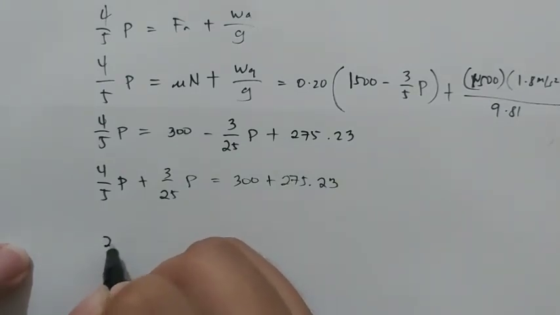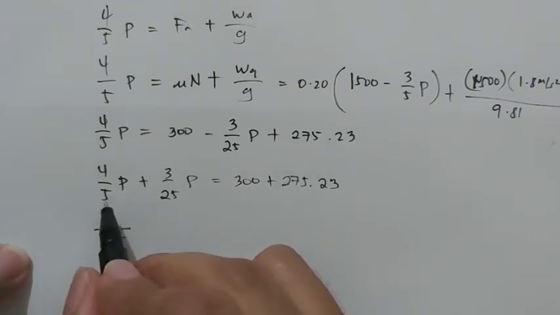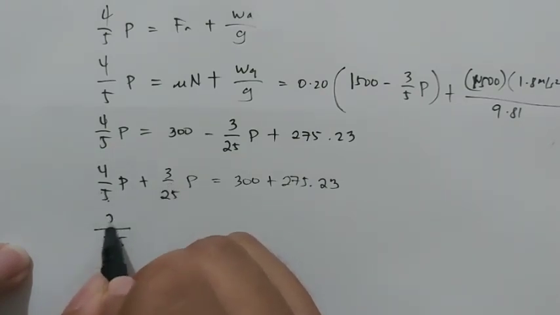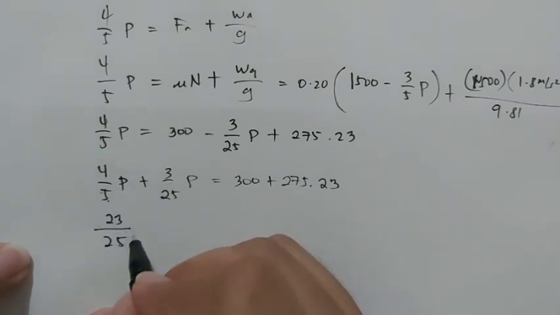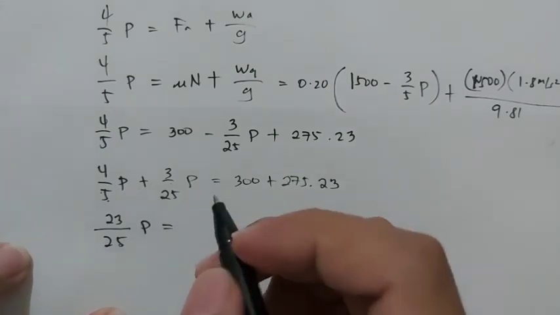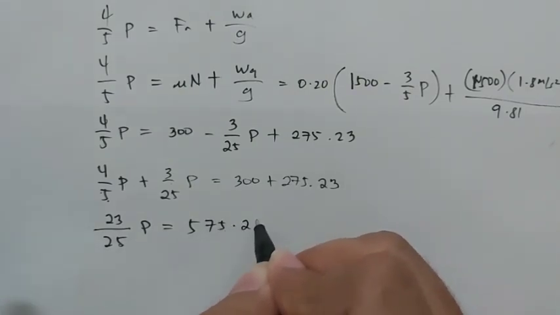So 25 divided by 5 is 5 times 4 is 20 plus 3. So we have 23 over 25 P is equal to 575.23.